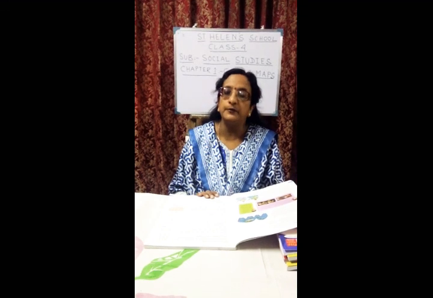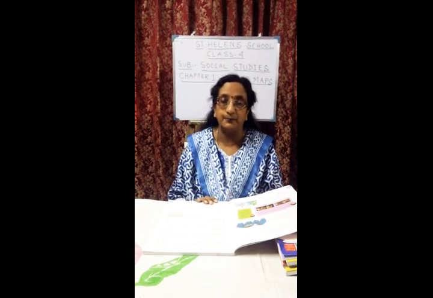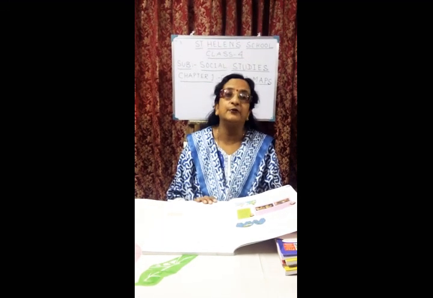So, whenever we want to buy a political map, we go to the shop and say, please give me a political map of India, because there is a difference between a political map and a physical map. So what is written at the top of the map, that is, political or physical, is known as the title.